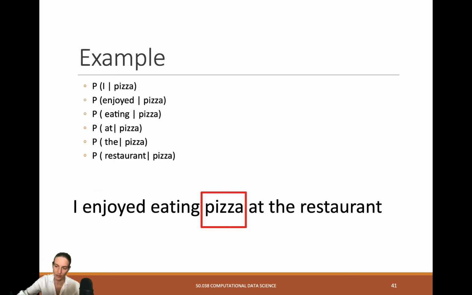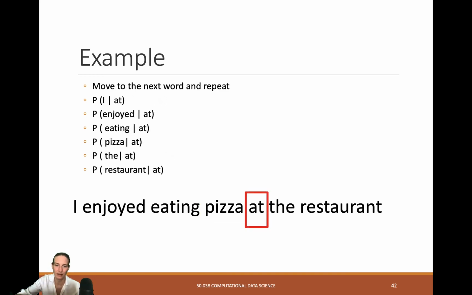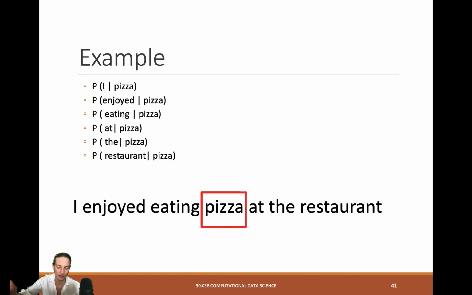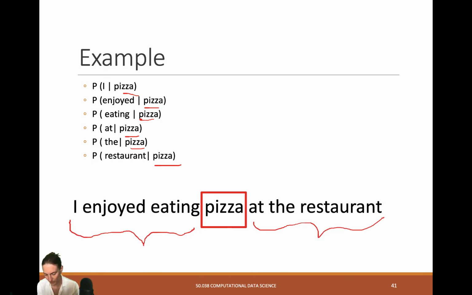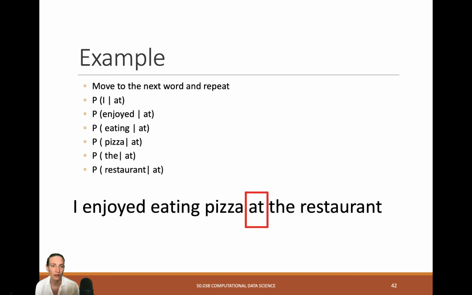For an example, you can look at this entire sentence. Given a focus word pizza, we're predicting all the words around it, given here a window of length 3. We can move to the next word after. The training happens like this: you choose a focus word, then you move to the next word, the next word, the next word.